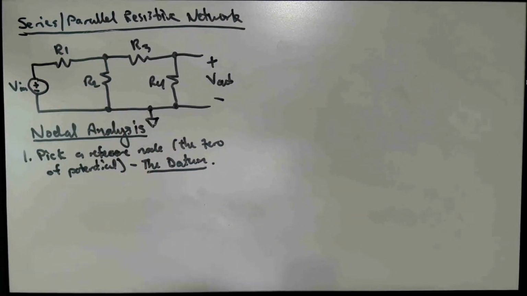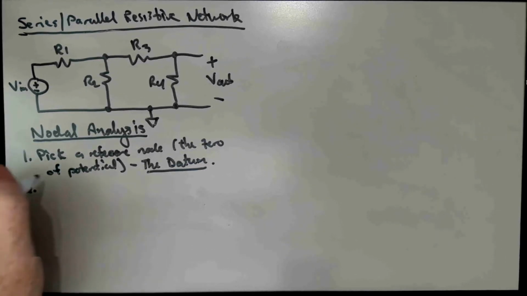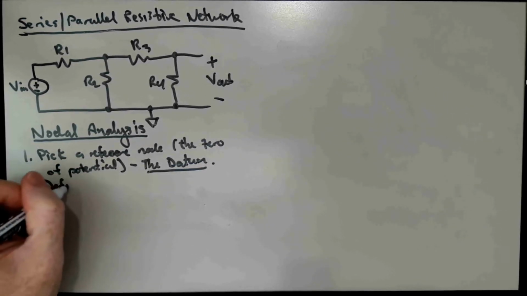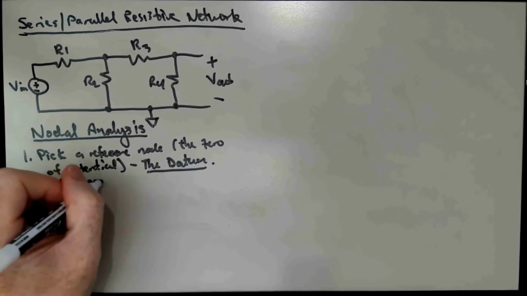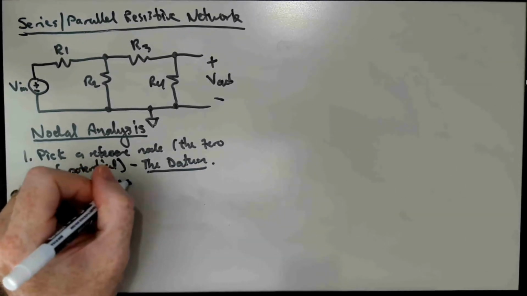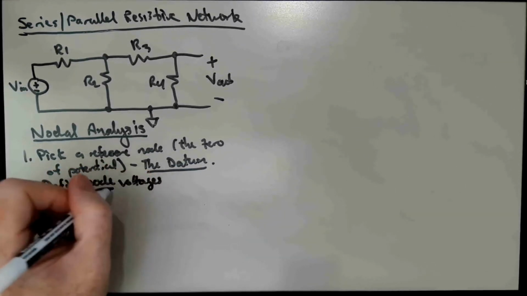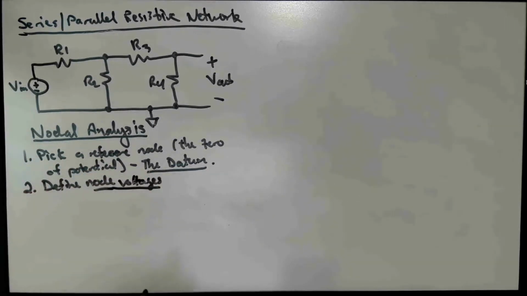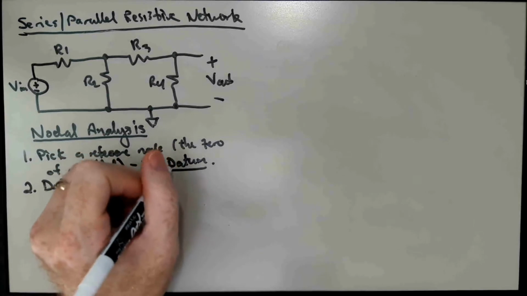And then we define node voltages, which are the voltages on all of the other nodes in the circuit relative to the datum.